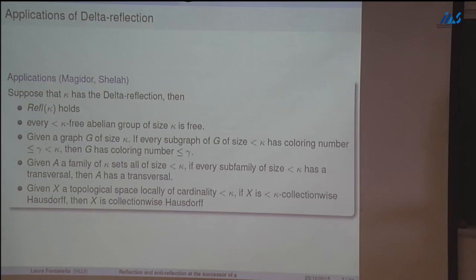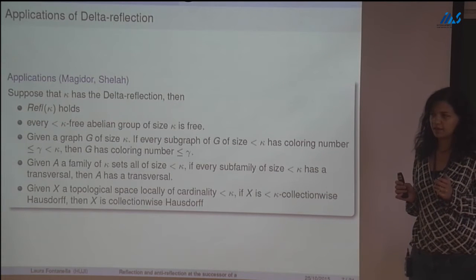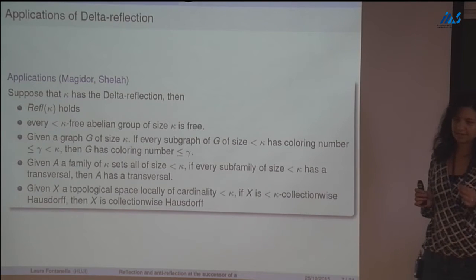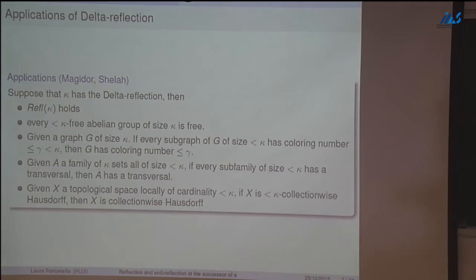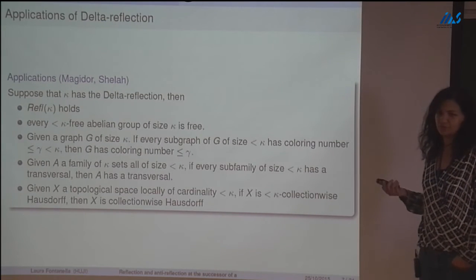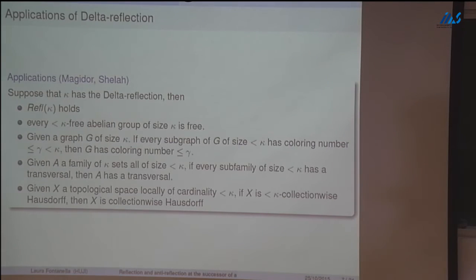The coloring number is the least ordinal lambda such that you have a well order on the graph such that every point in the graph is connected to less than lambda many points preceding it in this well order. Anyway, this is just to give you a taste of the many things that you can do with this delta reflection principle.